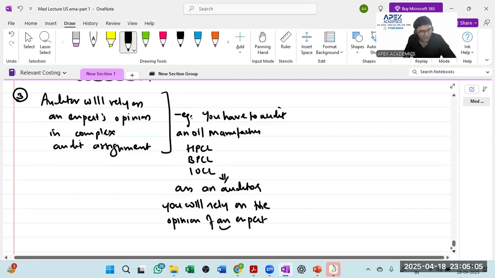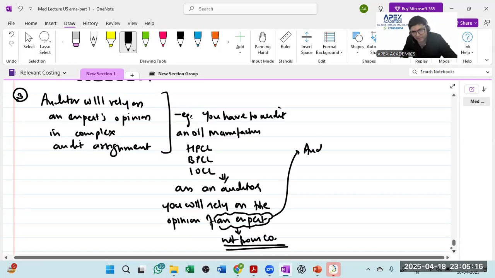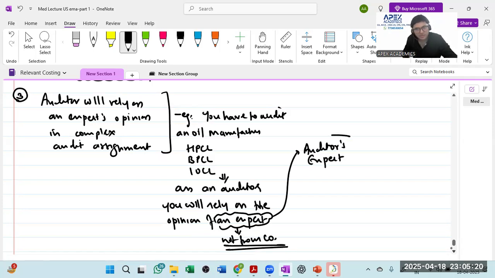This expert is not from the company. So what is such an expert called? Such an expert is called the auditor's expert. I hope you understand this particular aspect.